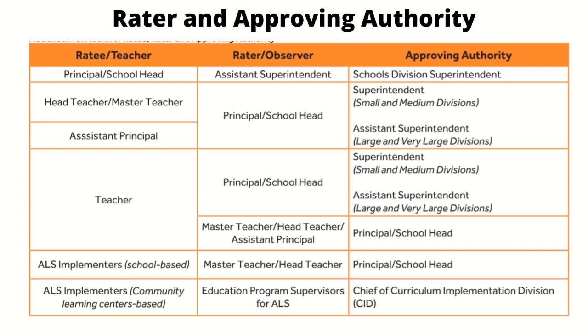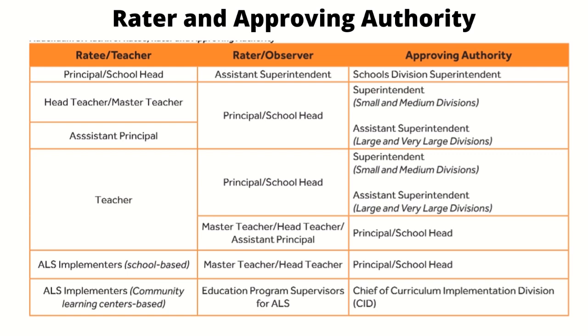And there is an approving authority. There have been confusions regarding this before because the context of the schools differs from school to school. For example, there are schools without master teachers and only the principal is the rater. So this has been made clear in the latest update.